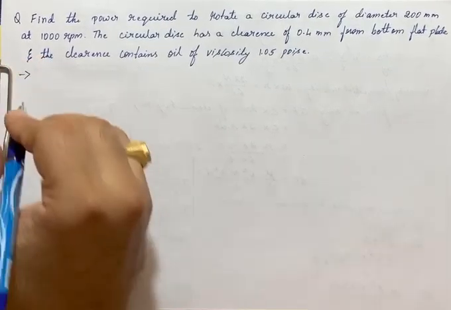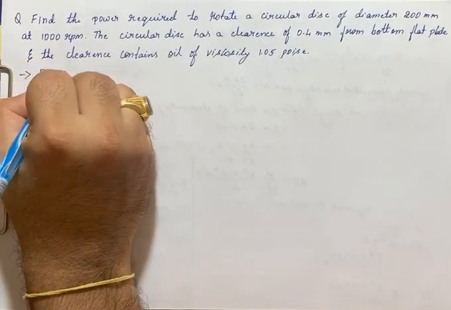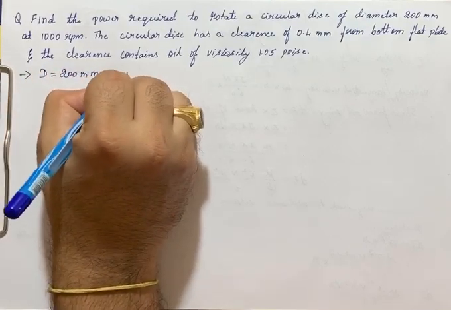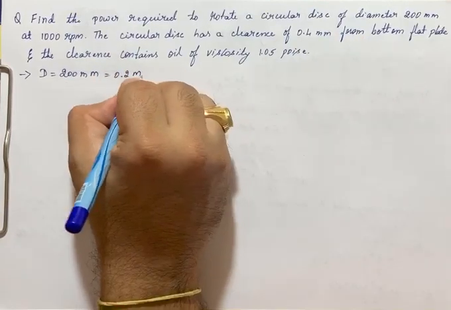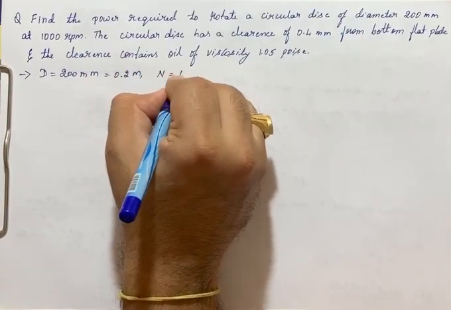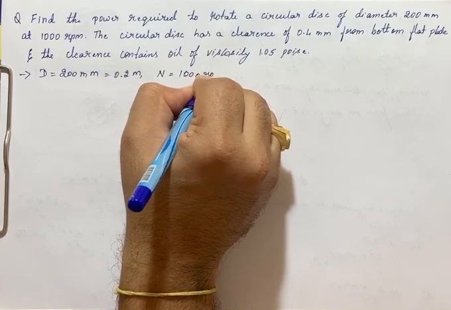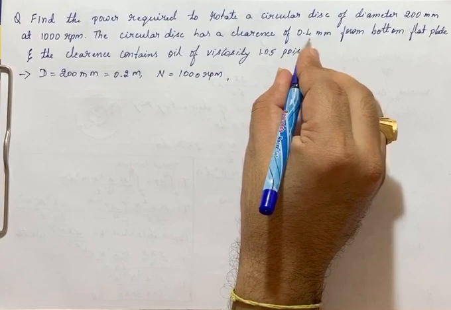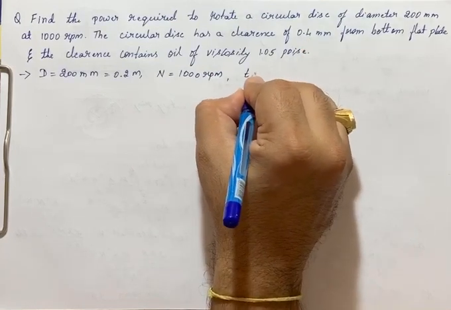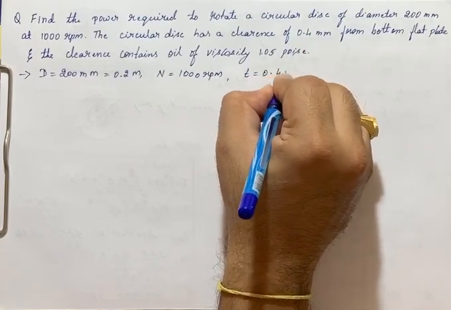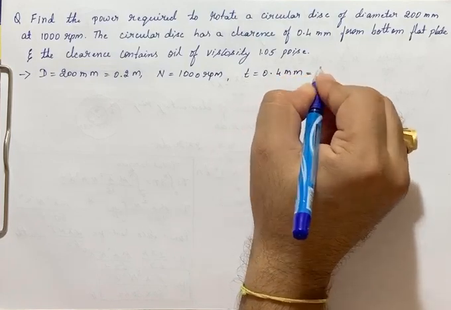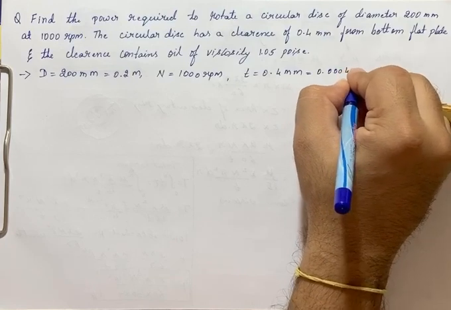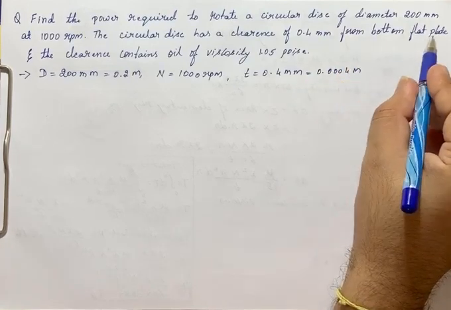The diameter, capital D, is 200 mm, nothing but 0.2 meter. Then the speed is 1000 rpm, with a clearance of 0.4 mm, which is nothing but 0.0004 meter from the bottom flat plate.